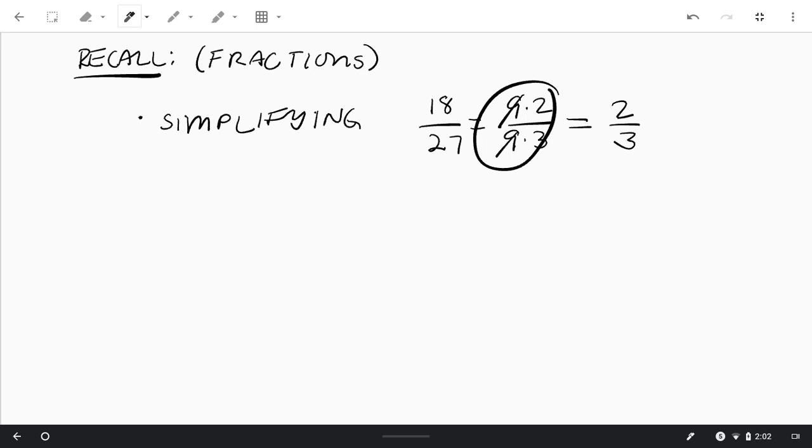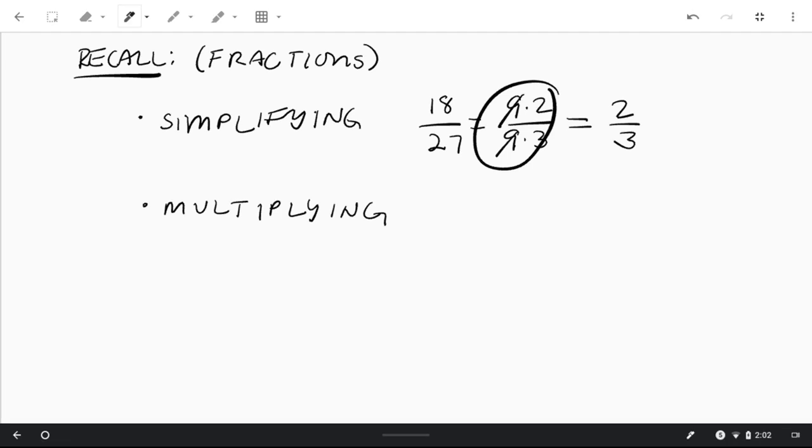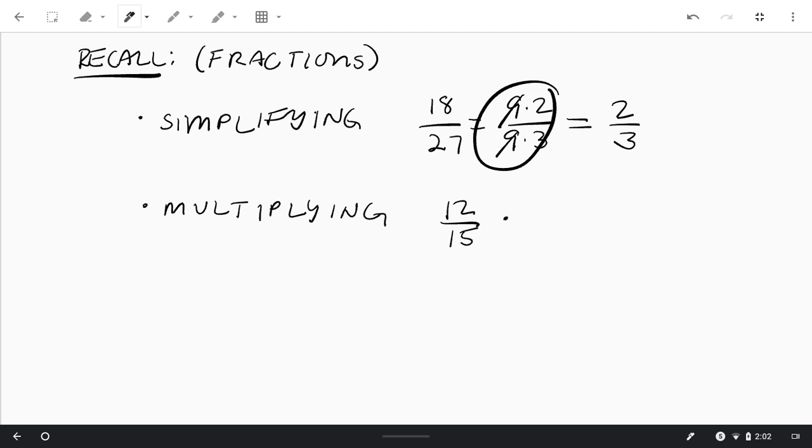Multiplying, so let's take a look at how we multiply regular numerical fractions. Let's suppose that we have 12 over 15 times 25 over 4. Suppose that we have to do this multiplication.